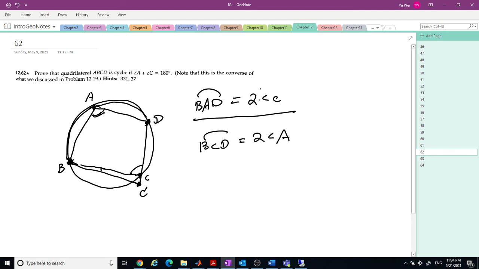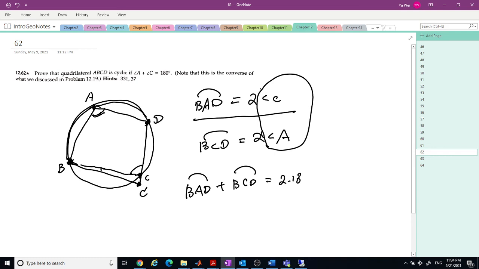You know angle A plus angle C is what? 180 degrees, right? That means the BAD arc plus the BCD arc will be 2 times 180, which is 360 degrees, right? So that means the BAD arc and the BCD arc make up a full circle. So that means ABCD is concyclic.